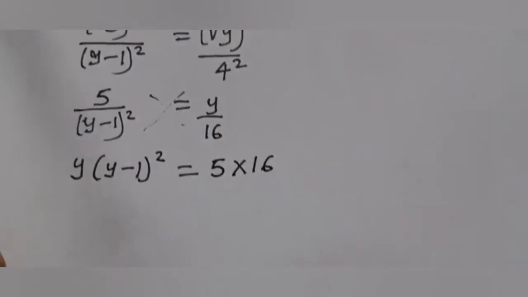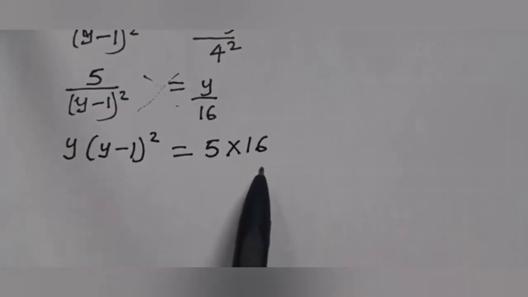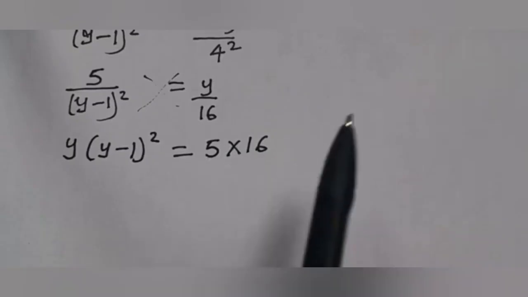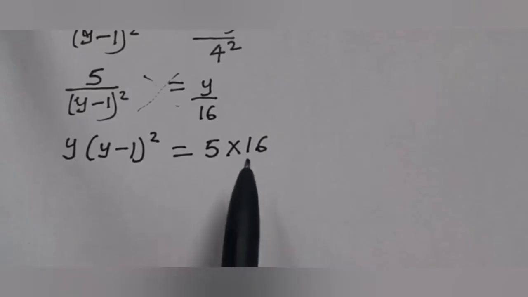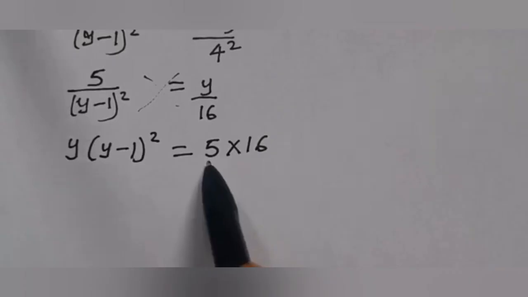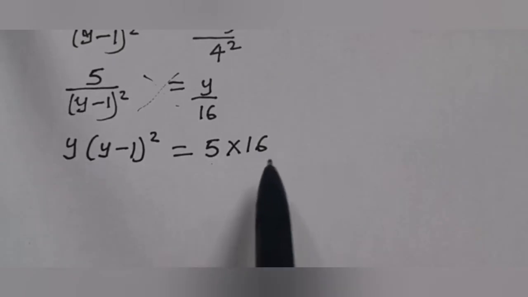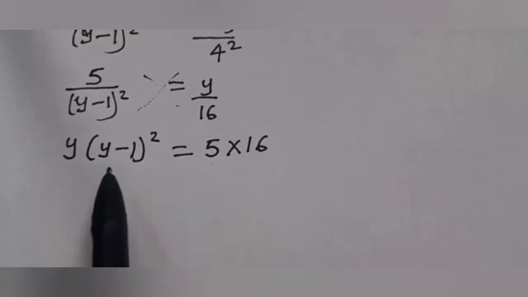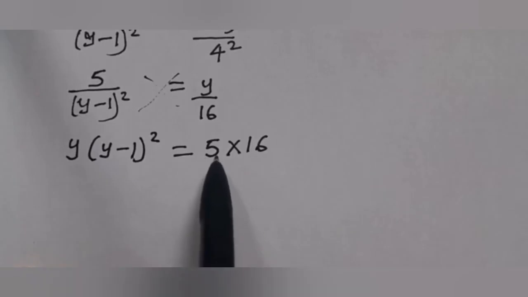In our case here, we need not multiply 5 times 16, because later on we will be supposed to find the factors of that answer, which are 5 and 16. So leave it the way it is. In our case here, what we are going to do is just to compare. That is, whether y equals 16 or equals 5.